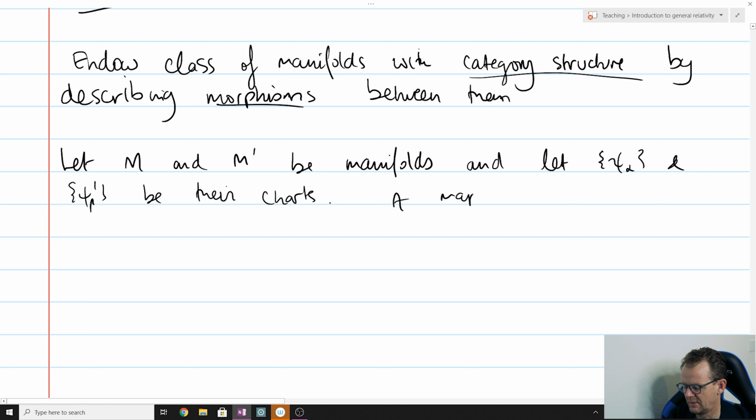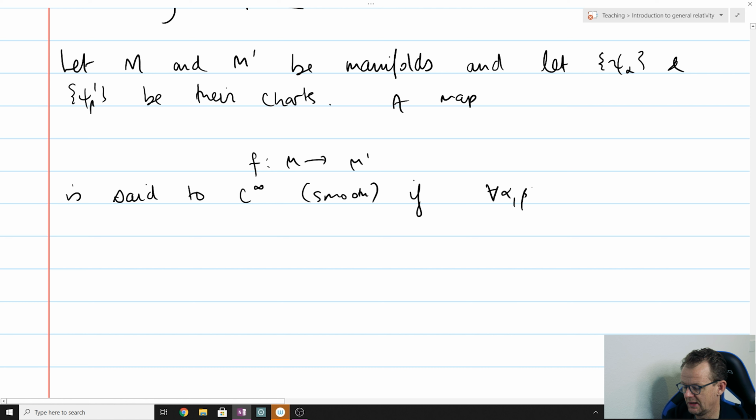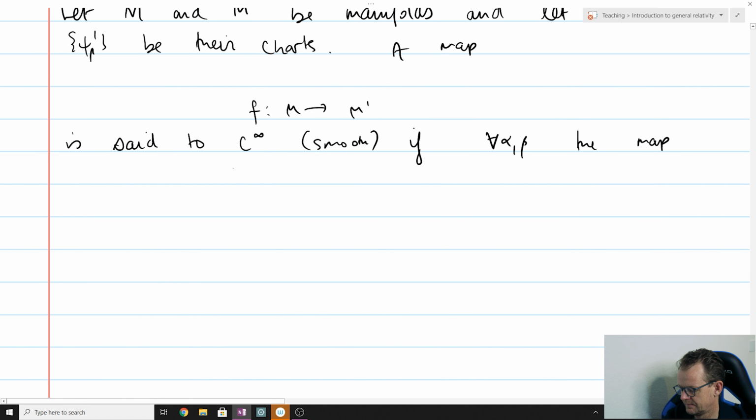Now we have a map of sets f between M and M prime. Remember, M and M prime are sets underlying it all, so we can have a map between them. Is this really a map of manifolds? Well, it is said to be a C-infinity map, a smooth map between these two manifolds, if for all alpha, beta the following map of R^n is smooth, or C-infinity.